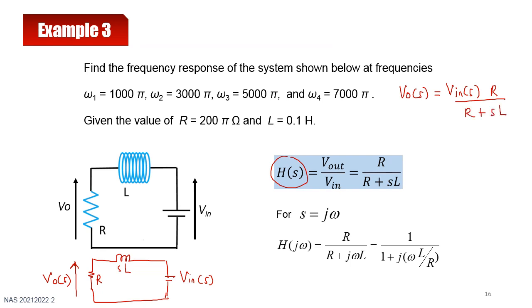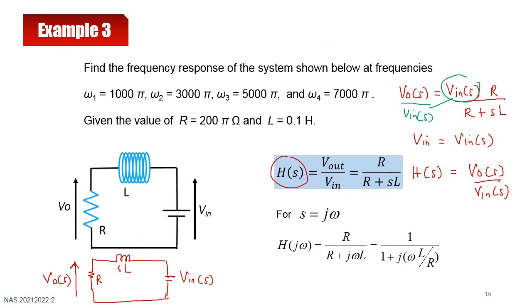The ratio between the output and the input is given by the H transfer function, so V out S divided by V in S. So V out divided by V in equals R divided by R plus SL.